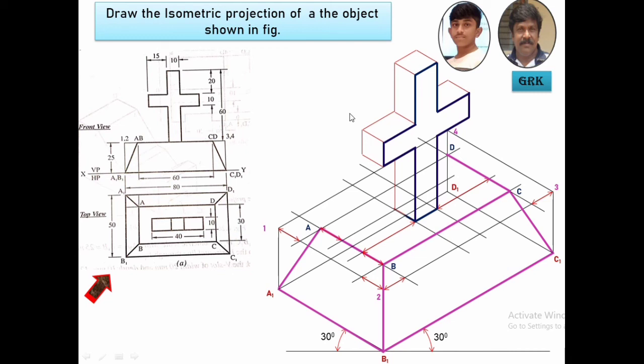So you can also mark it with a thick line. Yes, now the back line. So almost this is completed, except this portion. From here to here you can see it, and here to here you can see it. This line is not seen because this cross is covering it up.